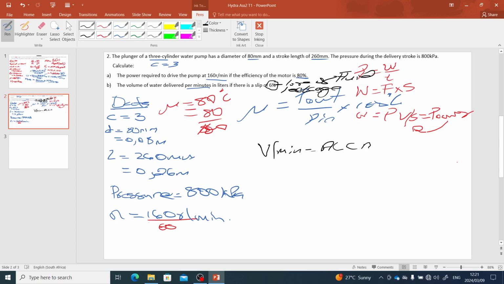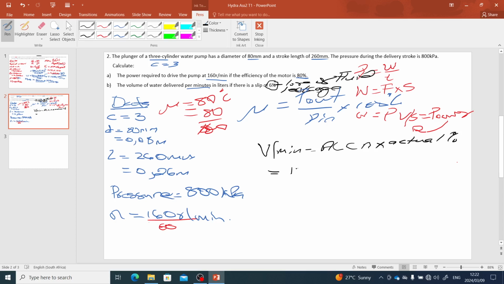It means that what is left is 94% of 20 liters. We are now having the actual percentage that we can work with. Here it will be multiplied by the actual percentage, because slip is something that we have lost. It is the loss of fluid, the leakage of fluid. We then have to work with what is left.